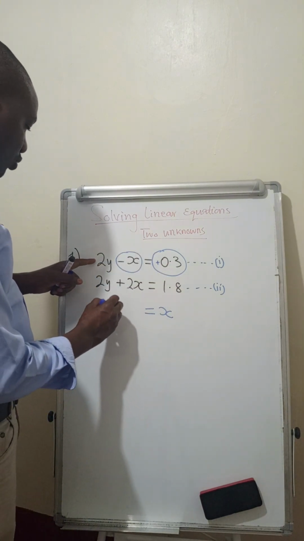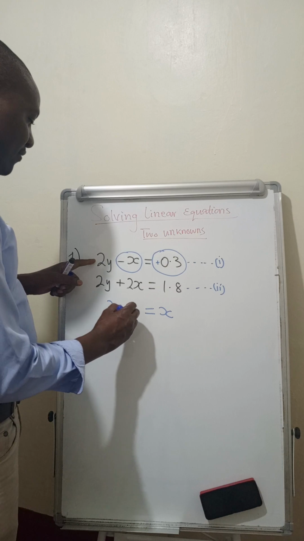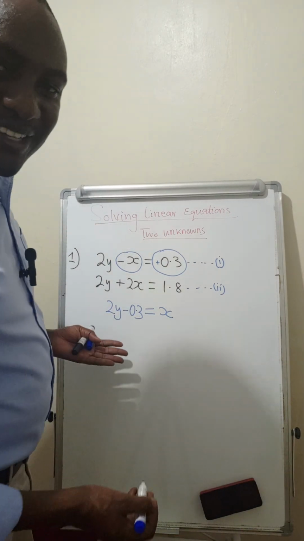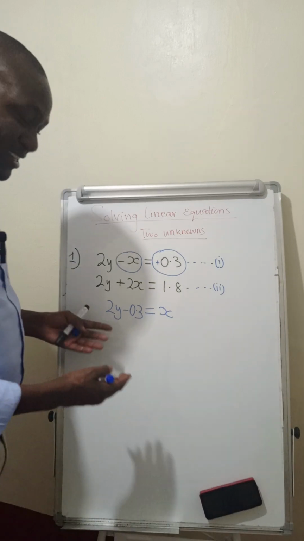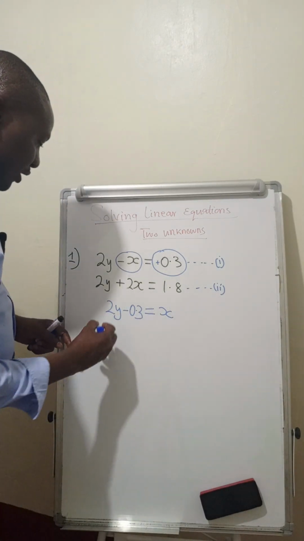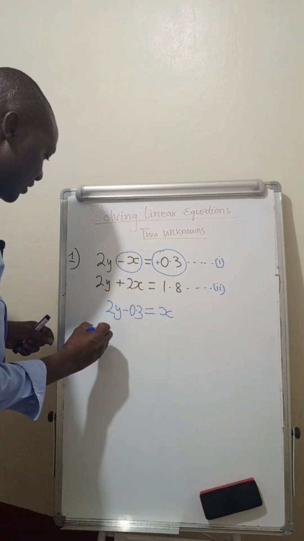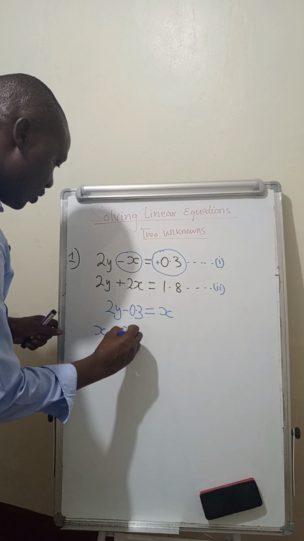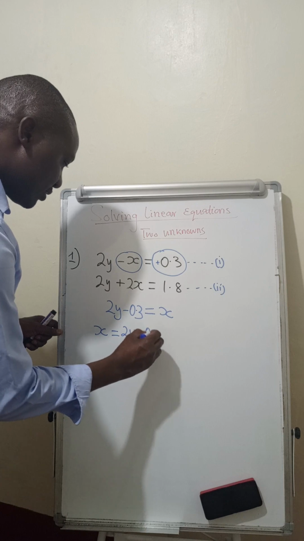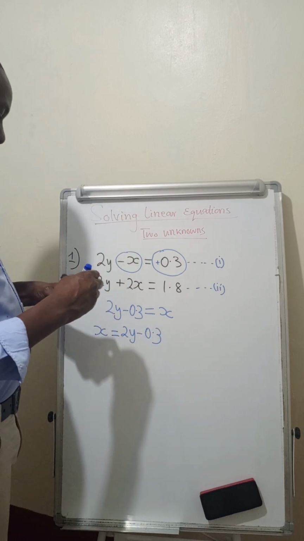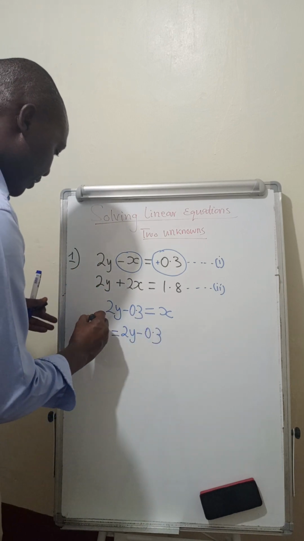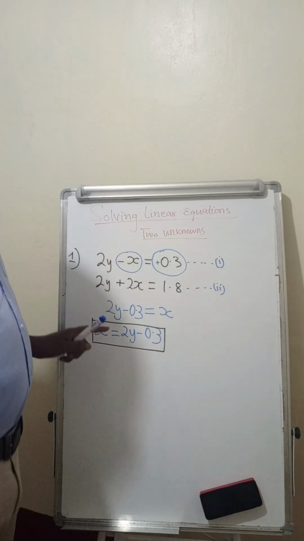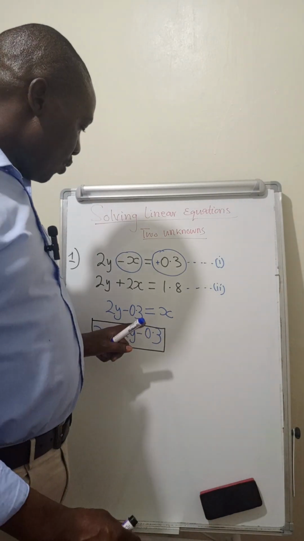So already I have 2y here, and I'll have negative 0.3. My learners, does it make sense? In other words, we can write it as x is equal to 2y minus 0.3. So this is how we have expressed x in terms of y.